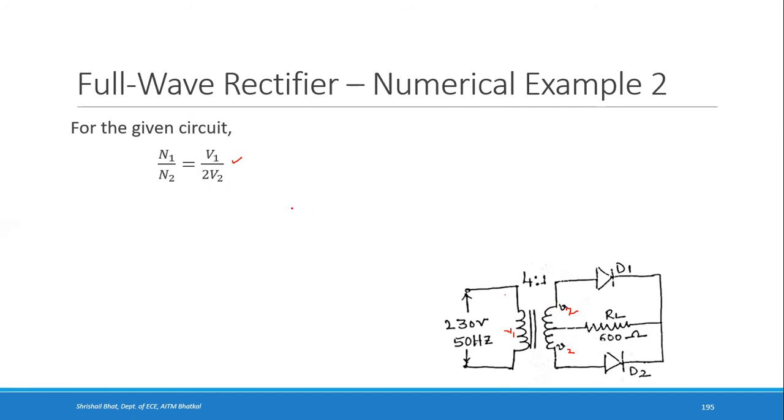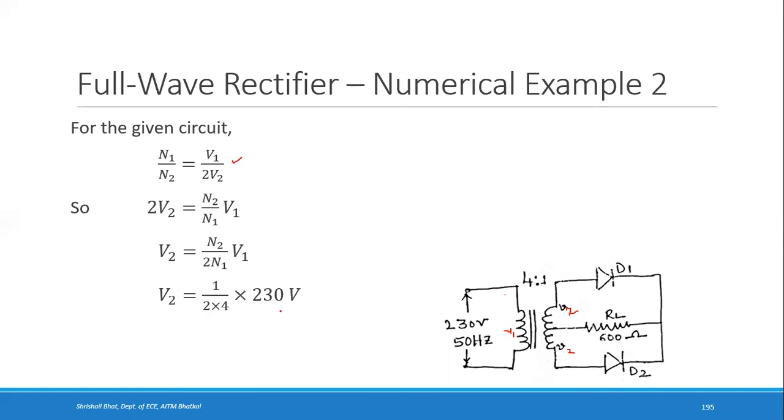Then you have to find what is V2 from this. If you rearrange this, 2V2 will be N2 by N1 into V1. So V2 will be N2 by 2N1 into V1. N1 to N2 was 4:1, so N2 by N1 is 1 by 4, and 2 is there, into V1, which is 230 volts.